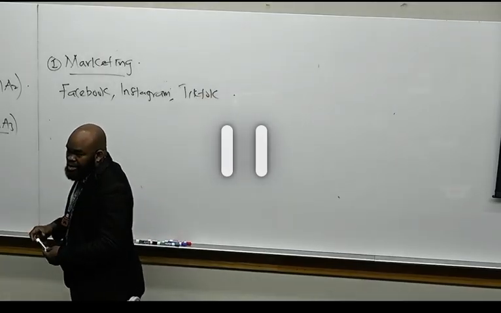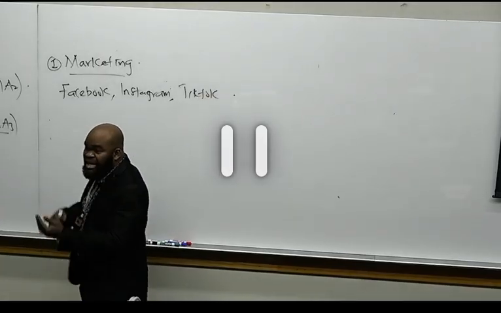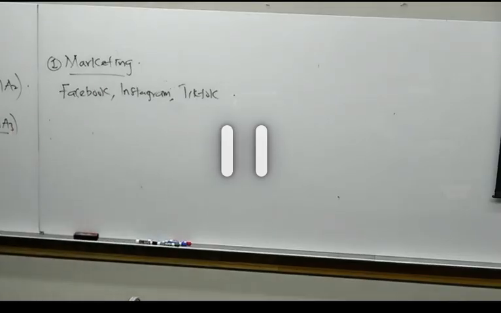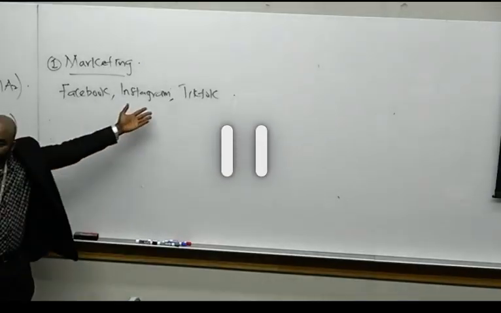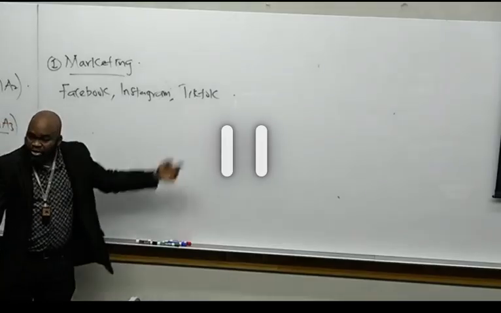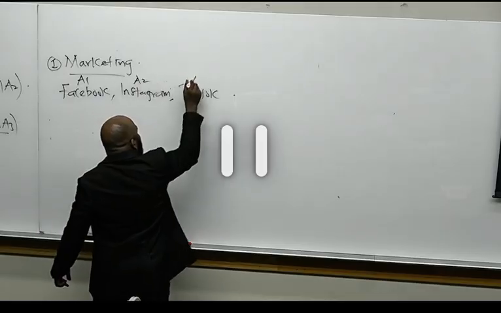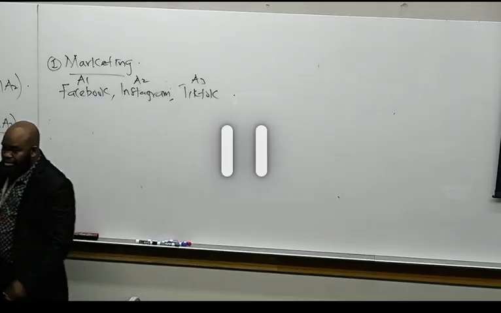They reach out to them, probably advertise their product. Now, customers overlap on social media. Some customers are on Facebook, they are also on Instagram, they are also on TikTok. I want you to see this as the A1, A2, and A3 that I'm talking about.